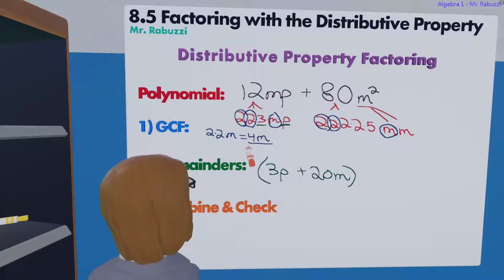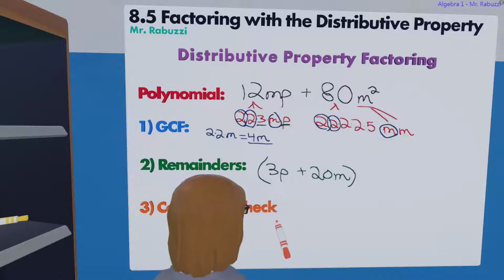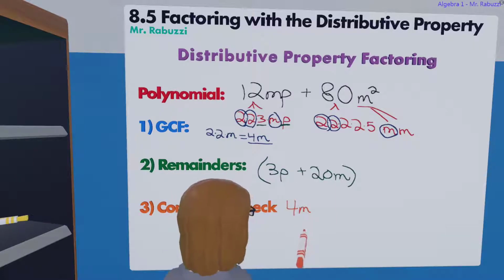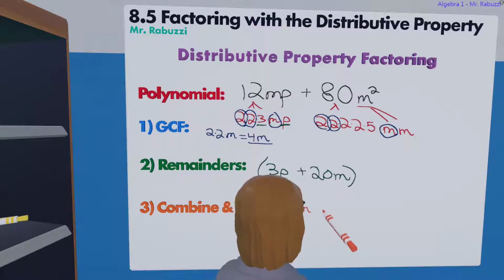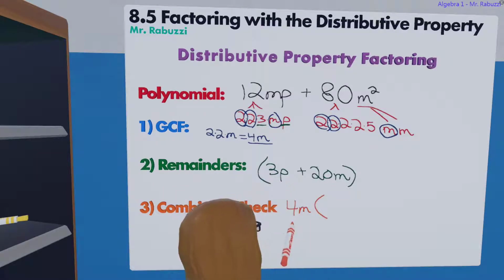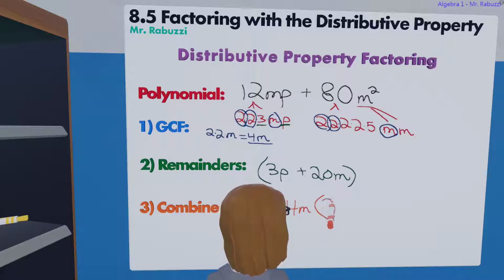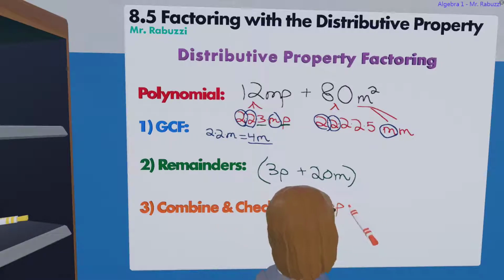When we factored them, we're going to combine them together. 4m, then parentheses, then we put a remainder after it. So we put the GCF in front and then the remainder. The remainder was 3p plus 20m.